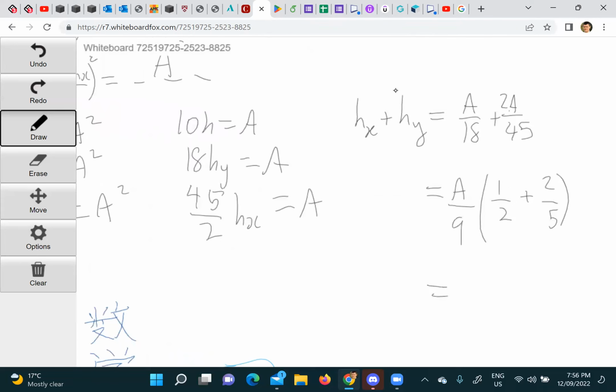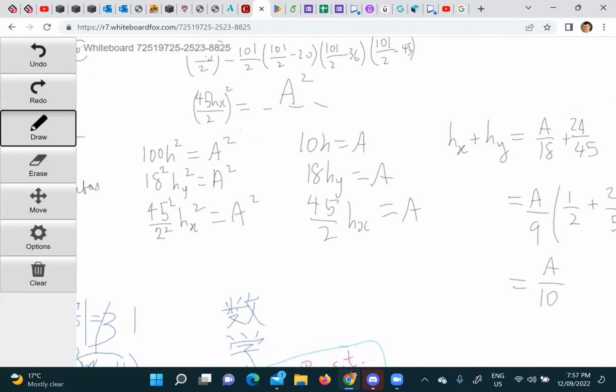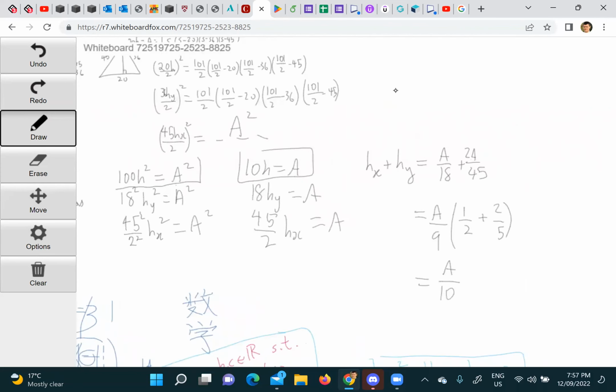Which is over 10, 5 plus 4 over 10. Oh, so it's a over 10, yeah? Oh, look at that, and h is equal to a over 10. Oh my god. Yeah, so we didn't quite need the actual area from Heron's formula, but just knowing that they're the same areas.